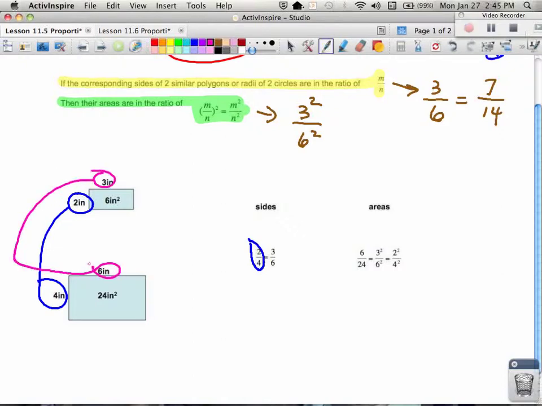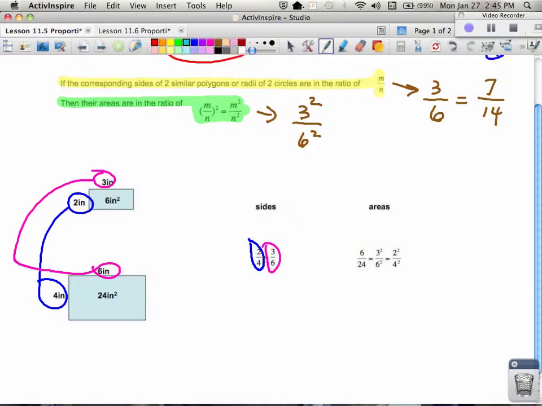And this ratio that I see is a 1 to 2 ratio. What does that mean? That means that everything that I see going from the top rectangle to the bottom rectangle has been doubled when you look at specifically the sides.